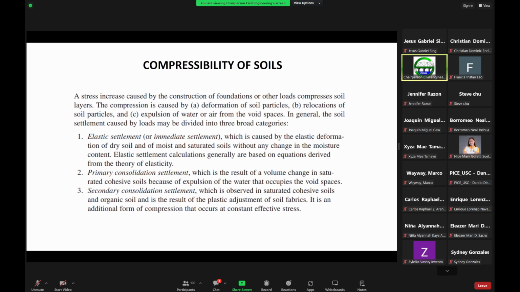Now, in actual practice, aside from this, because these settlements are considered as static settlements, in actual work, we also consider dynamic settlements.